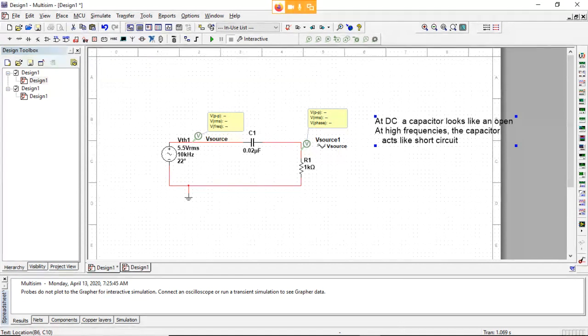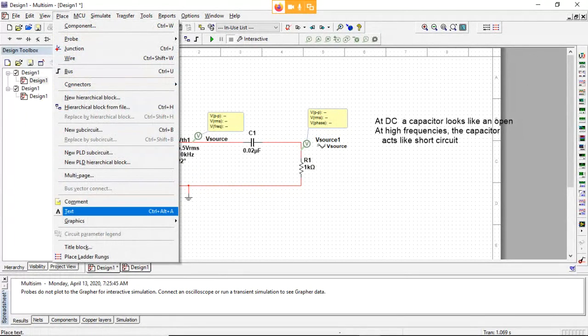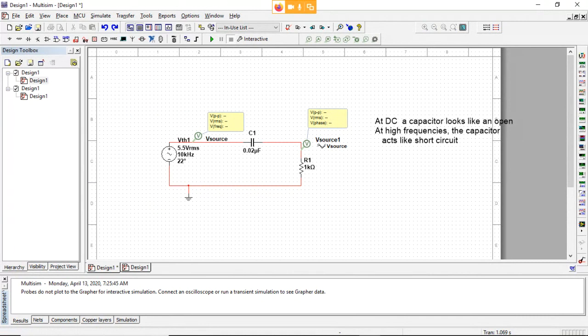And what we're really looking for here as a filter is we're looking at the voltage compared to, erase text, Control Alt A. Okay.